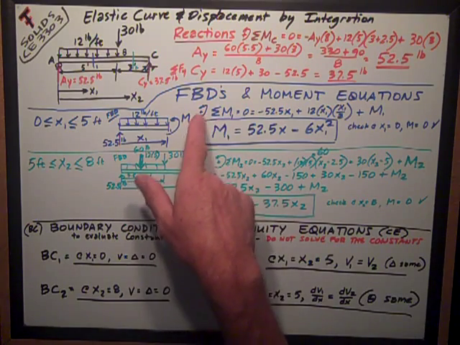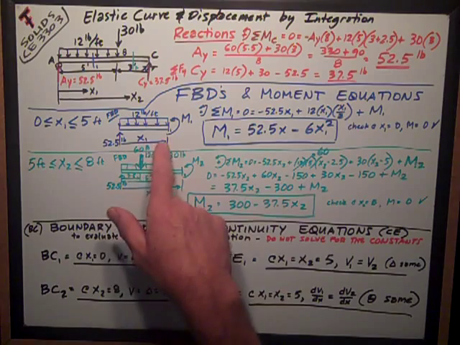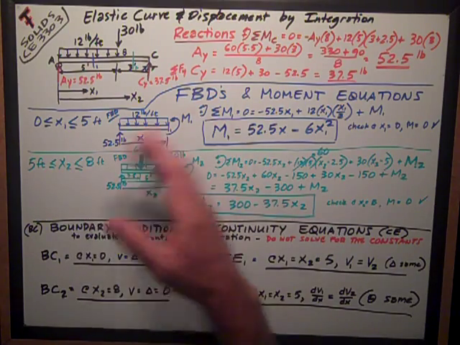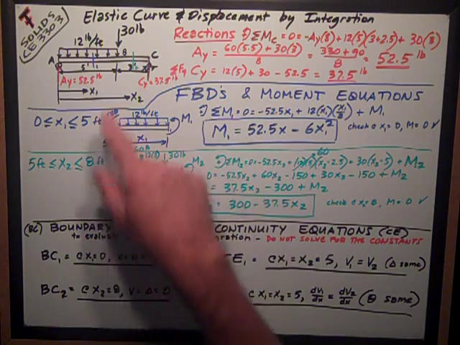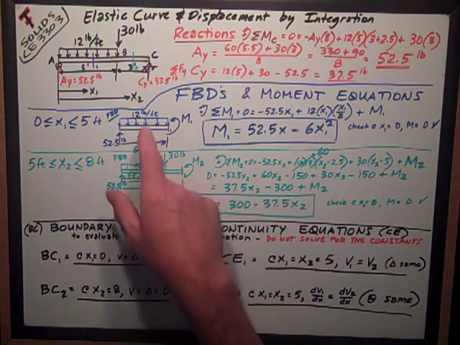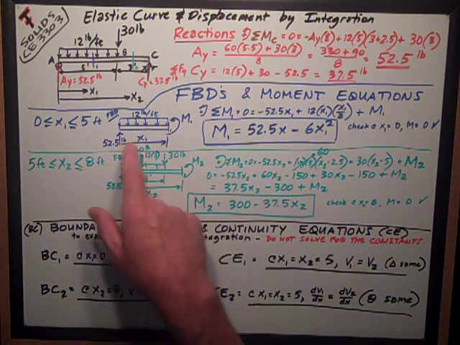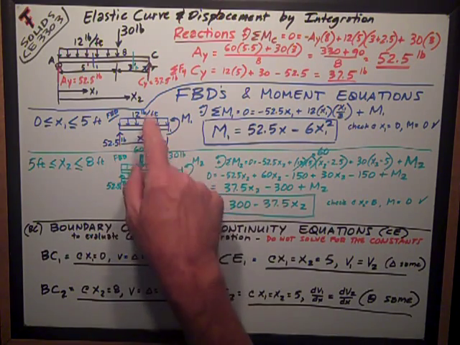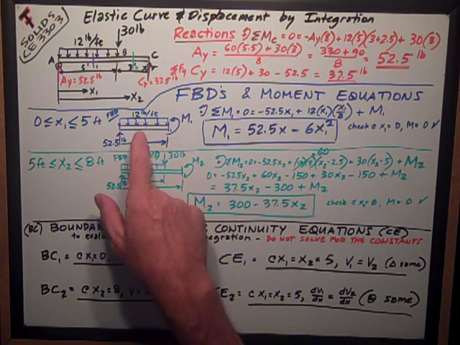Sum moments, counterclockwise positive, equals 0. So I have 52.5 times that X1 distance, whatever it is, the variable, and it's negative because it's clockwise, plus the distributed load force, which is 12 pounds per foot, times the X1 distance to give me the value in pounds, times its moment arm of X1 over 2.